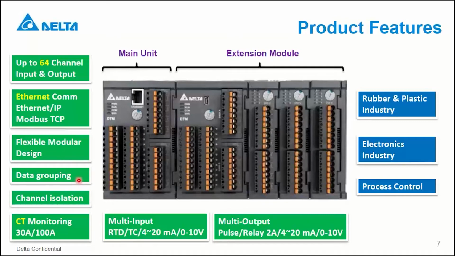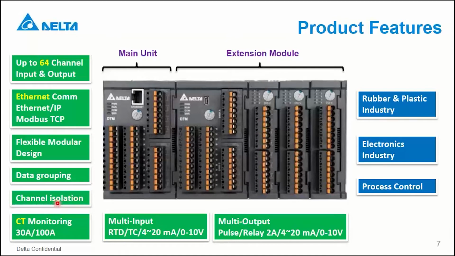And data grouping, because when you're facing a lot of data to process, how to do the exchange is very important. So we have some grouping functions to let you read all the data from all the channels at one time. I will show this in the software operation later.